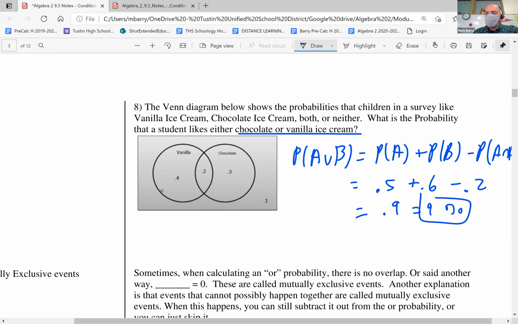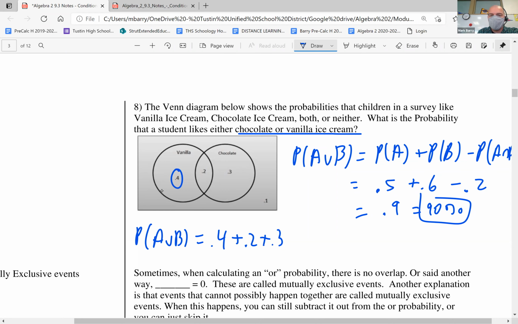So that's one way to do that problem, using the formula. The other way to do it, and on tables and charts like this I would probably suggest this method, is to just add up all the pieces that count here.